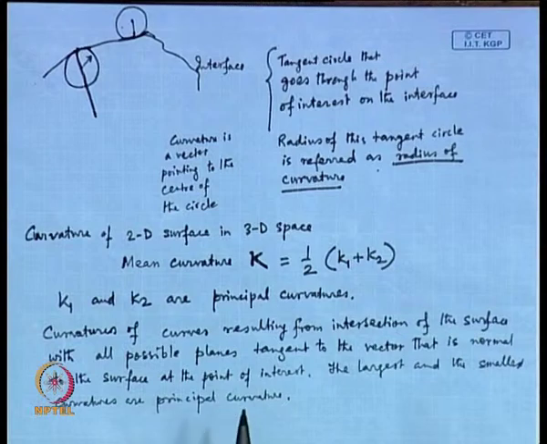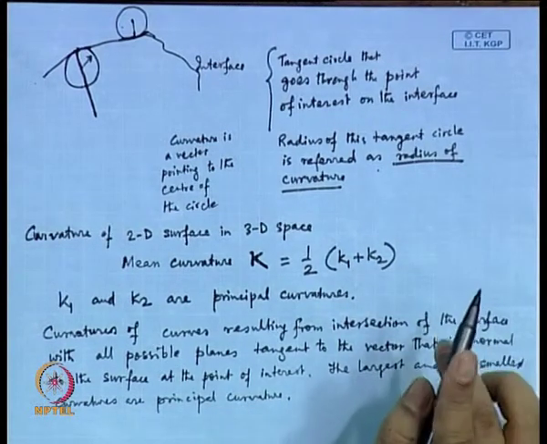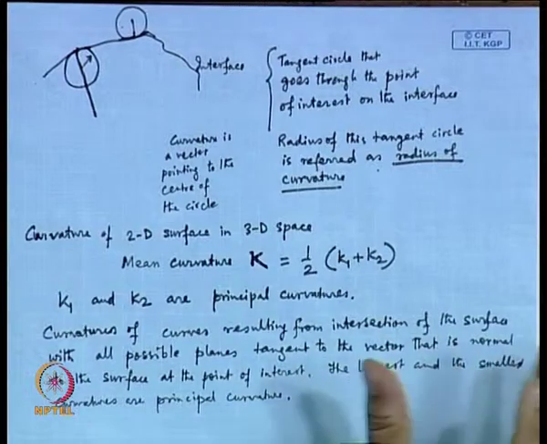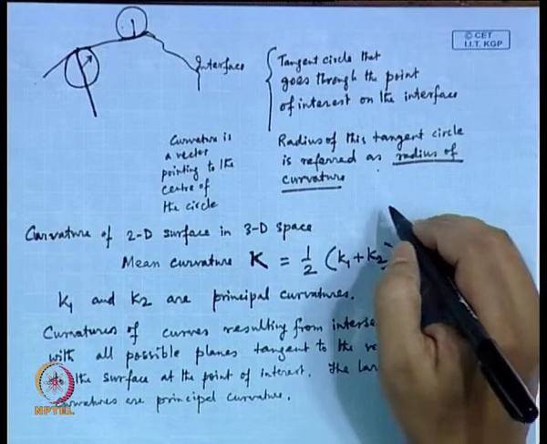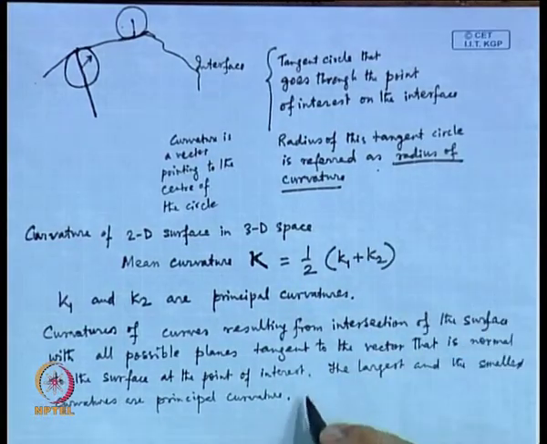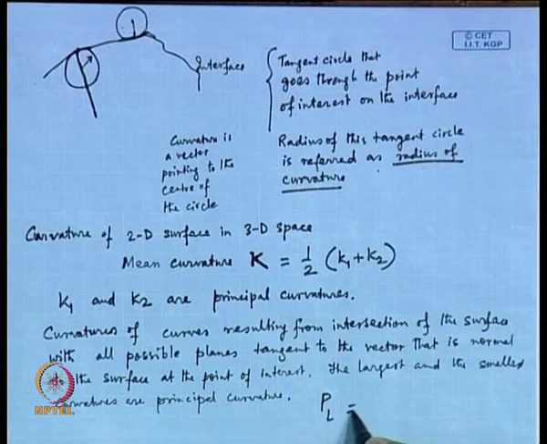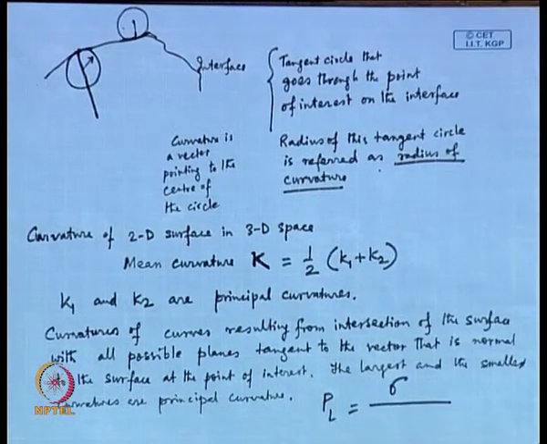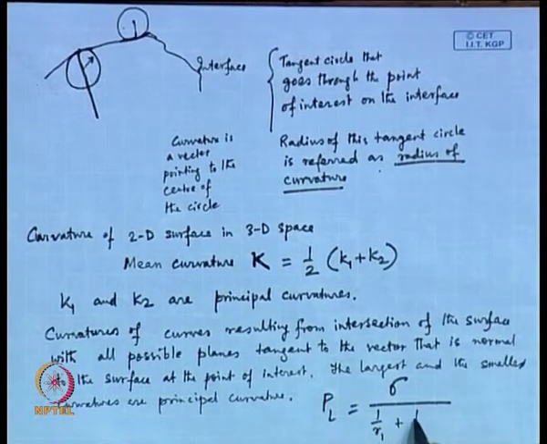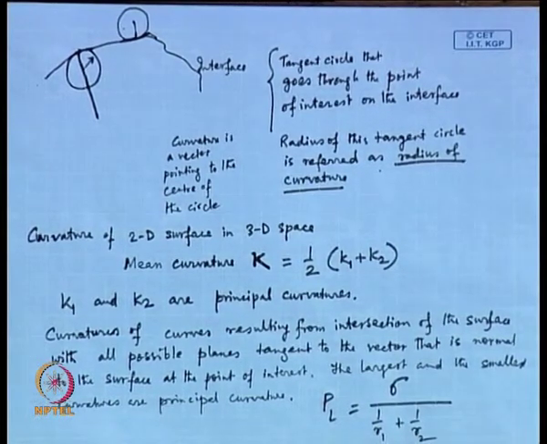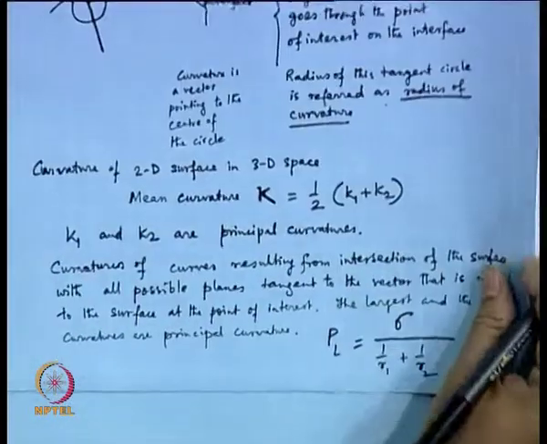Now, you need to understand there are two terms we are toying with. One is the curvature, another is the radius of curvature, and one is the reciprocal of the other. So, if we want to write what is PL in this case, we would be writing PL as sigma divided by 1 by R1 plus 1 by R2. What was there for the sphere?